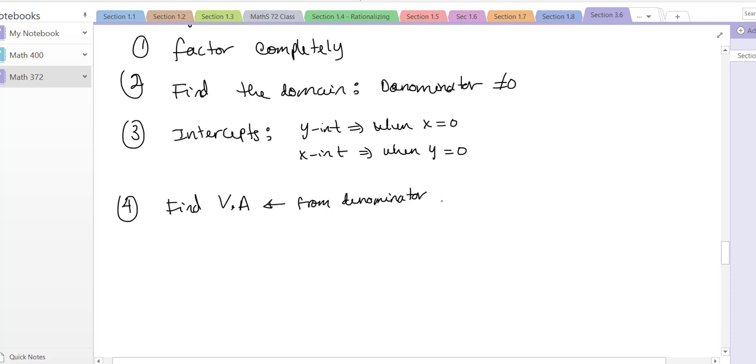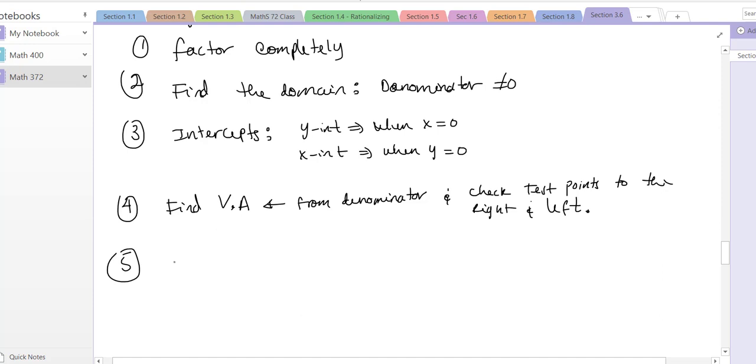Check test points to the right and the left of your asymptote to see to which infinity they're going. For a vertical asymptote, you're either going to positive infinity or negative infinity. So you want to check that.